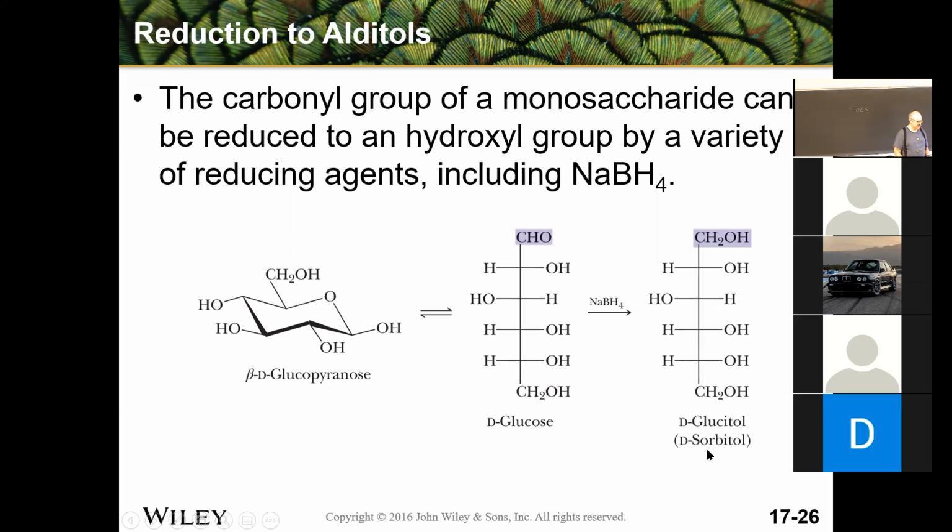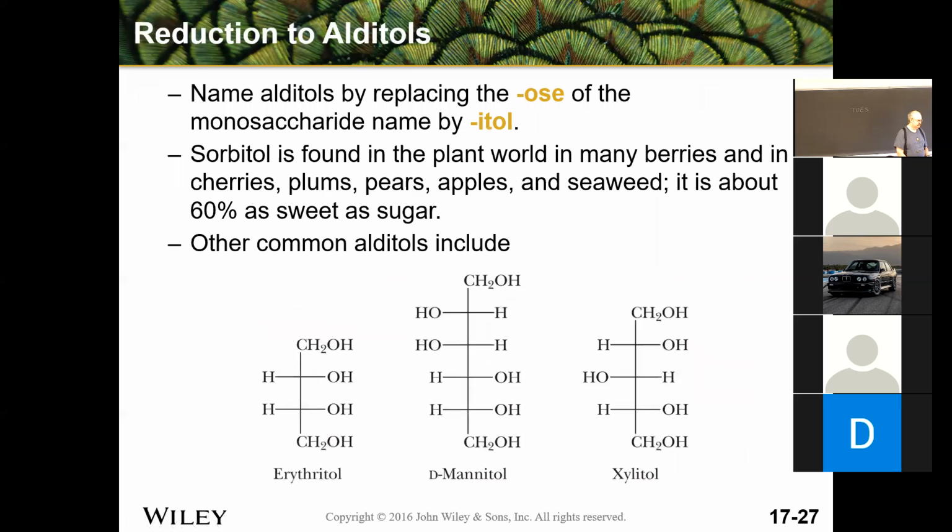It's also called D-sorbitol. D-sorbitol is an artificial sweetener. Here are some other artificial sweeteners. Sorbitol is found in the plant world in many berries and cherries, plums, pears, apples, and seaweed.